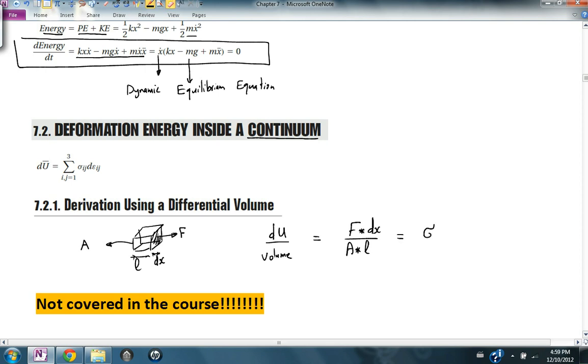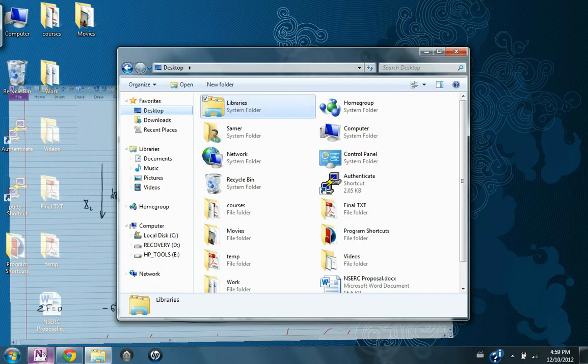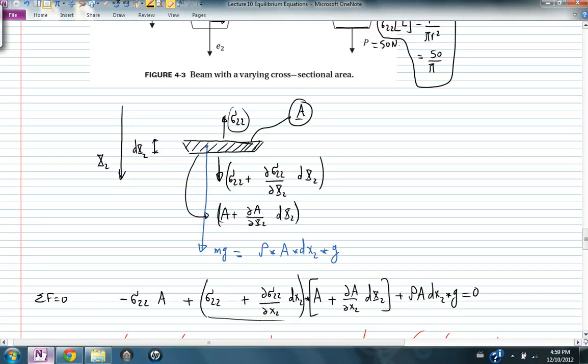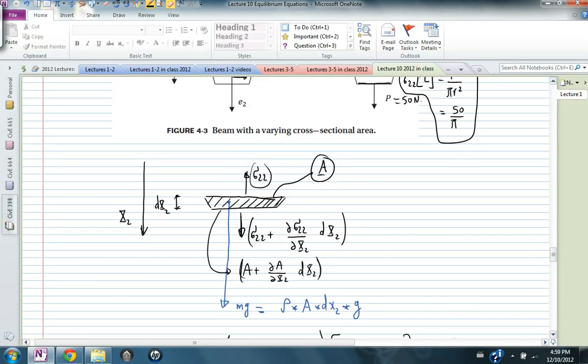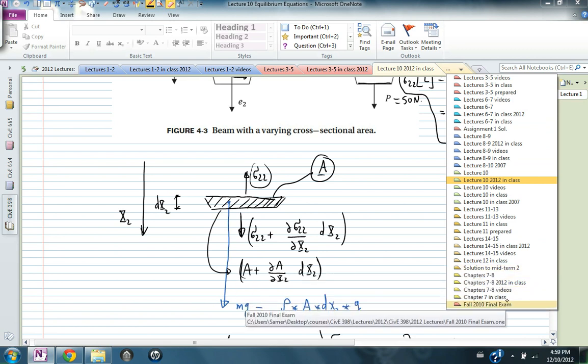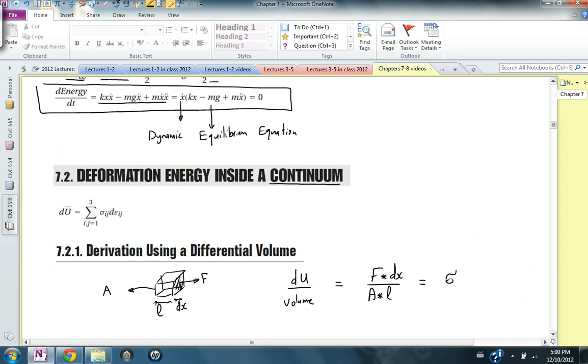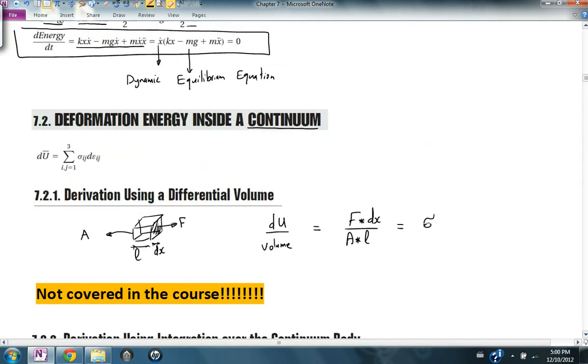F over A I can call the stress, and dx over L is the strain.